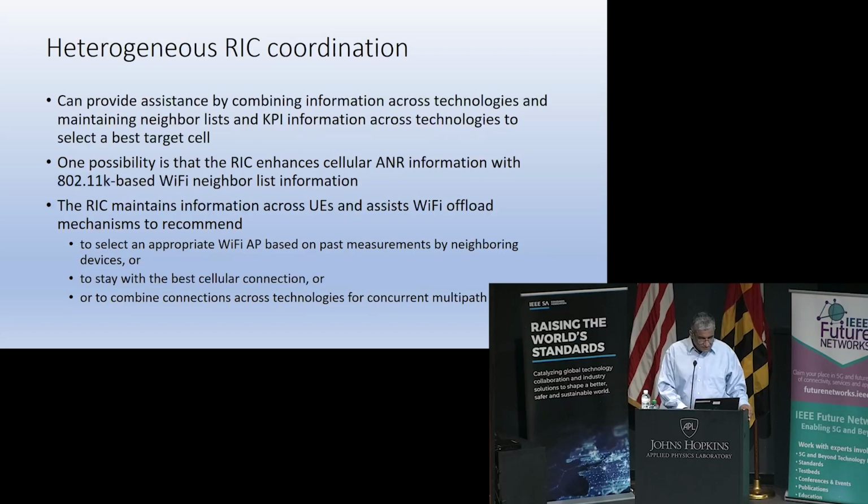Yeah. So what could we do? I mean, I think the heterogeneous RIC coordination can provide assistance potentially by combining this information, learning information across these technologies, maintaining the neighbor lists across these technologies, and the KPI information, whether it is the throughput and accessibility or retainability on the cellular side, or it's with the channel utilization and signal quality.